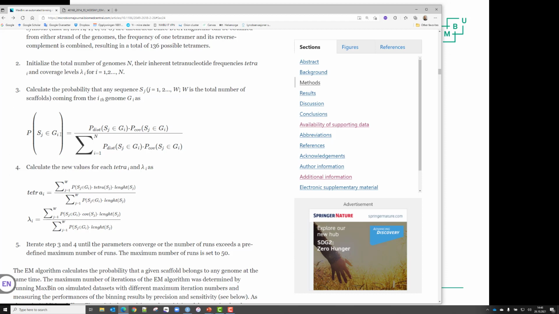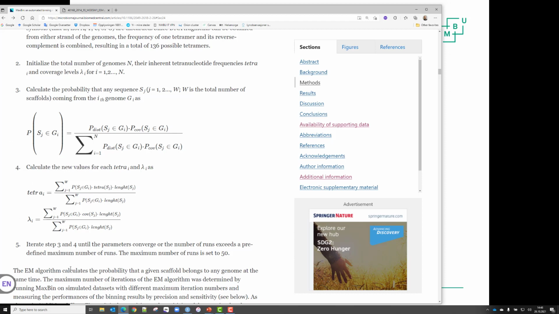So you first estimate which bin each contig belongs to, and then you take these bins and compute new representative frequencies and coverages, and then you go back here again and do the assignment again based on the new values, and then you compute new values based on the assignment. So this is like going back and forth. This EM algorithm, it's called expectation maximization.